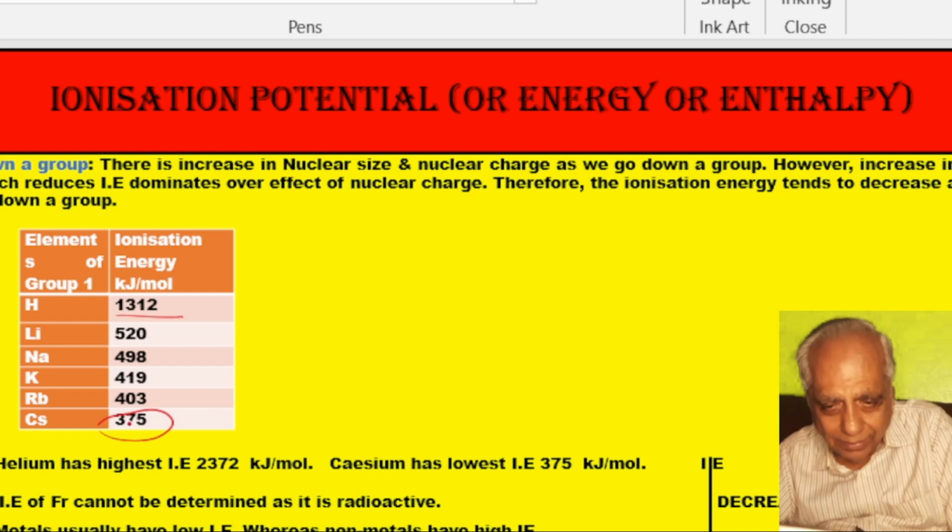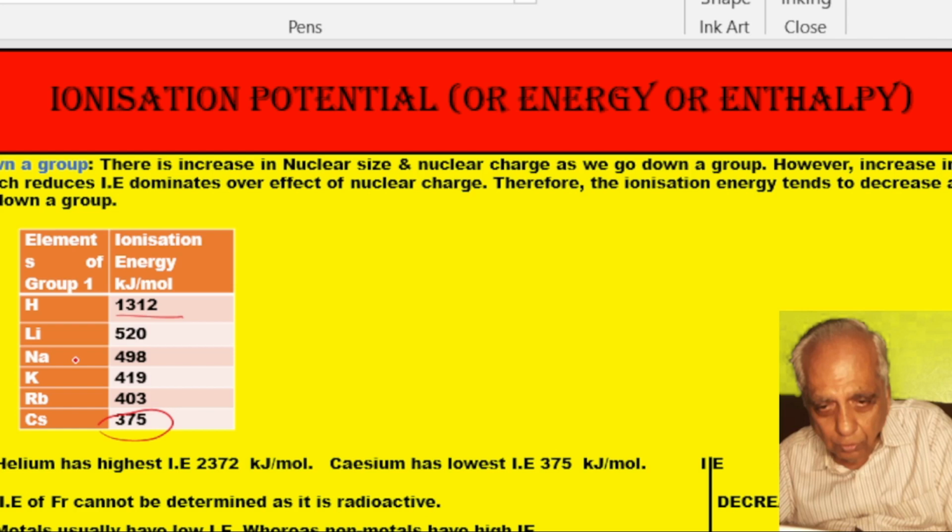Why does it decrease down the group? Because nuclear charge is increasing, and size is also increasing.